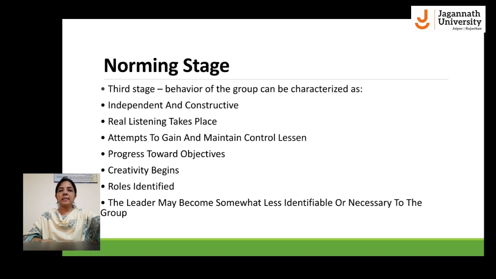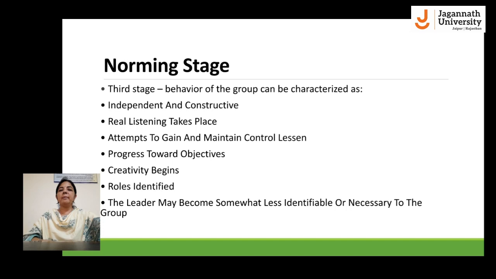The norming stage is the third stage, and the behavior of the group in this stage can be characterized as independent and constructive, because most of the power struggle and competitiveness is during the storming stage, and gradually the group realizes that they have to achieve the group goal. In the norming stage, things start settling and real listening starts taking place.